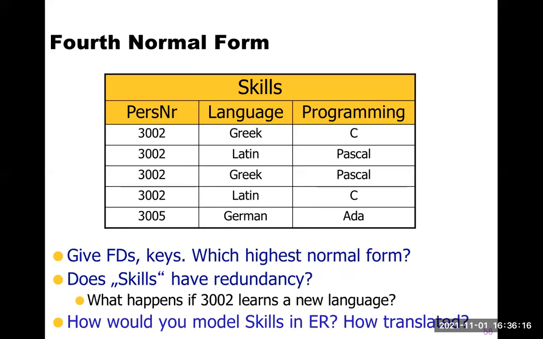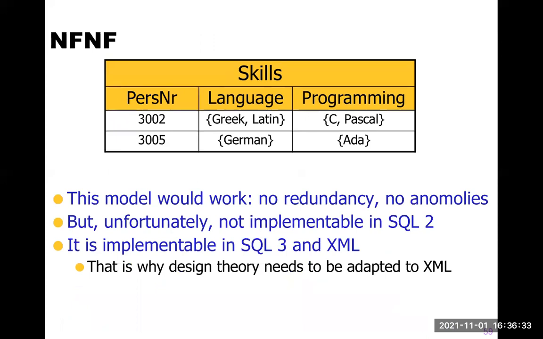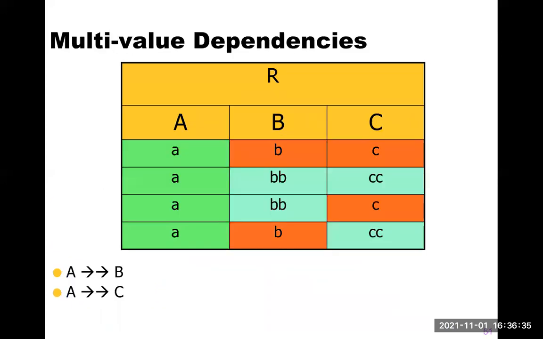Essentially, the problem is that a person's knowledge of language and knowledge of programming language are completely independent. We don't need to put them in the same table. That's the problem. And that's a matter of multi-value dependencies.